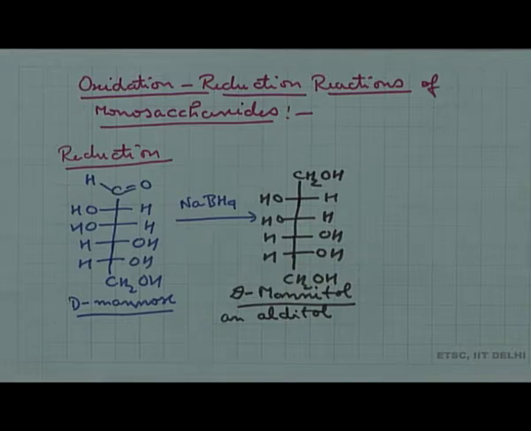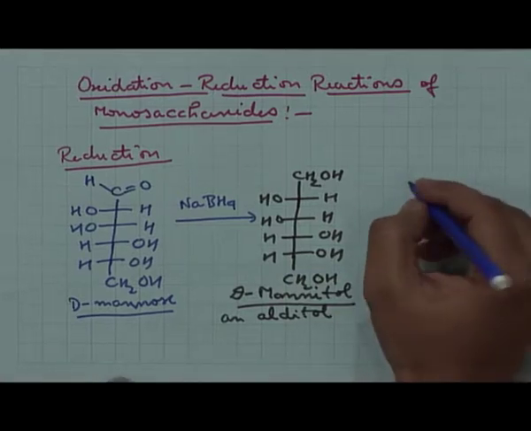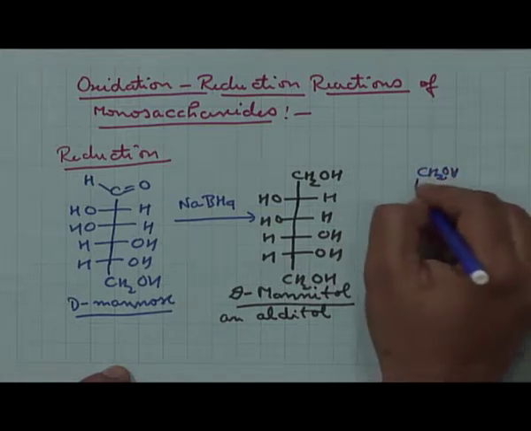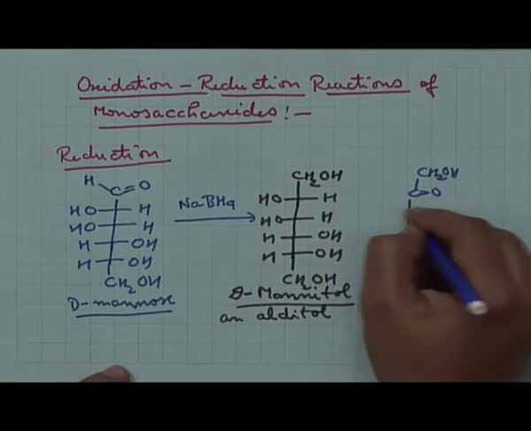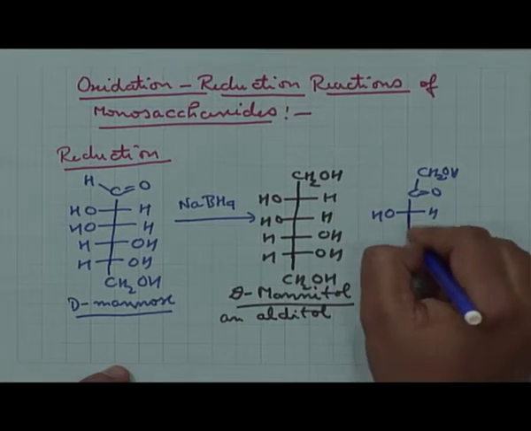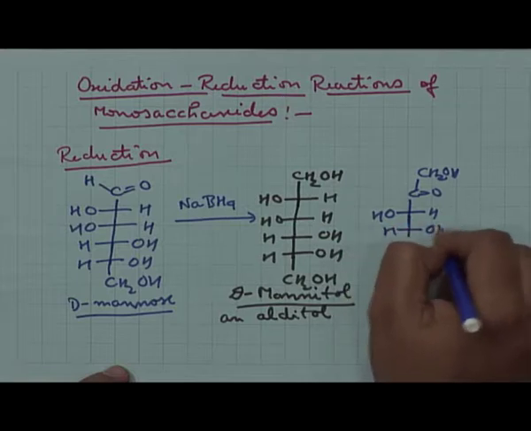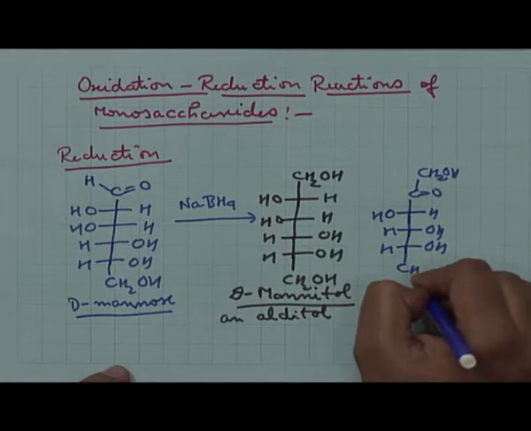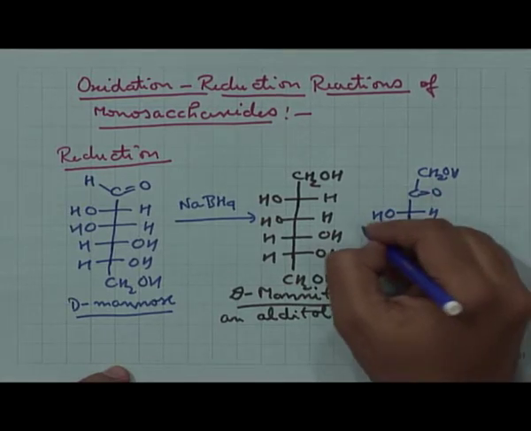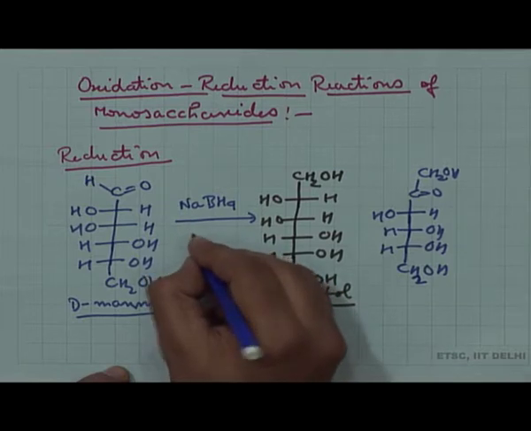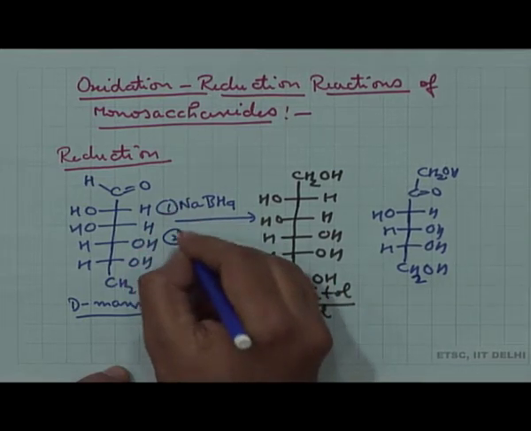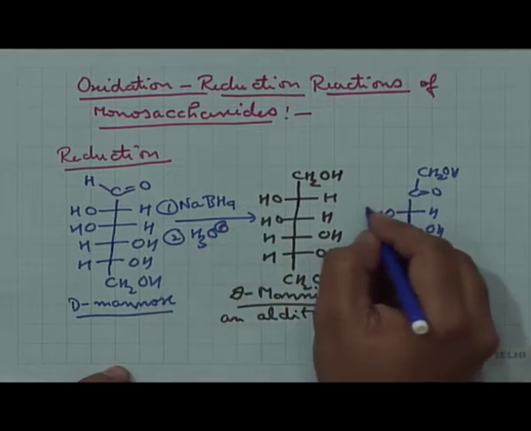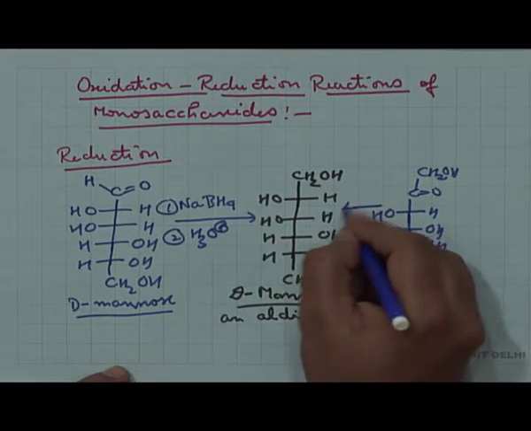If you start with D-fructose, again sodium borohydride, here also a protonating agent is needed, and I have hydronium, that acid reagent is needed.